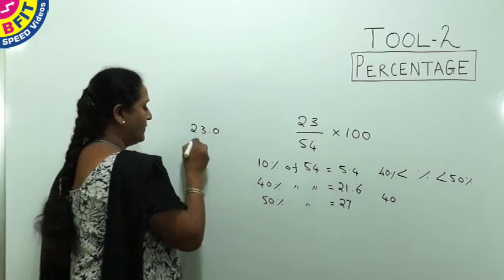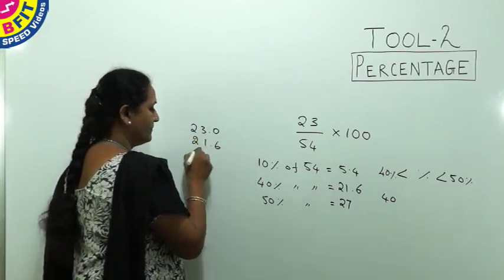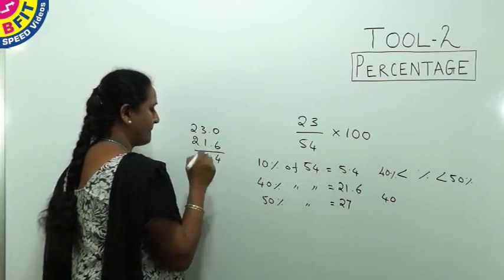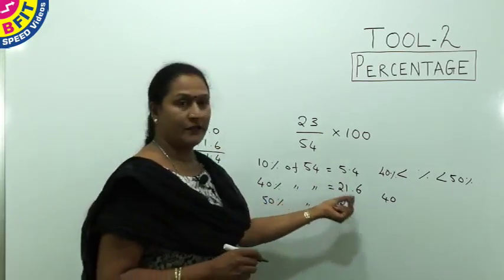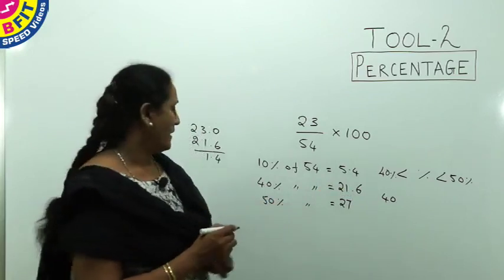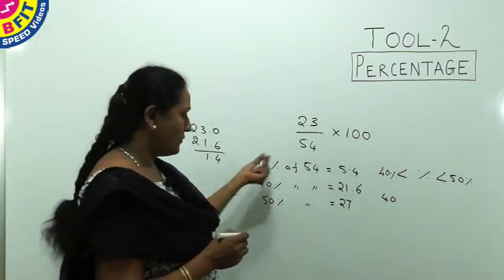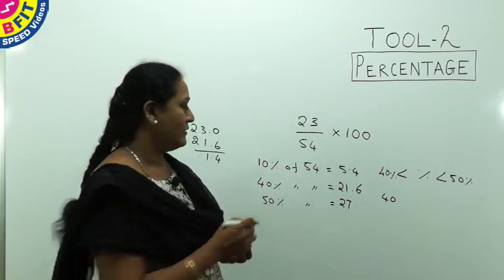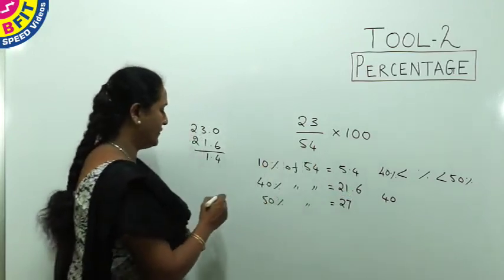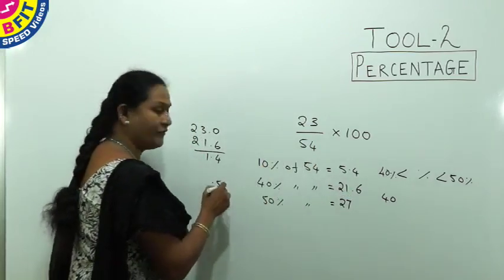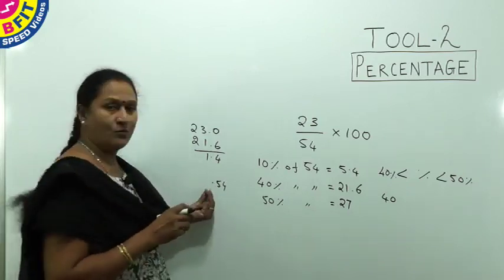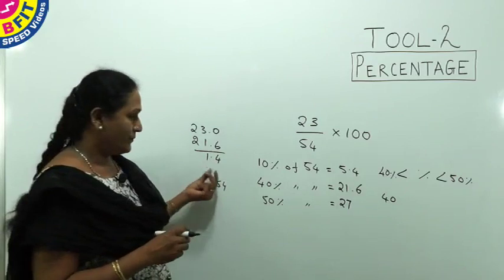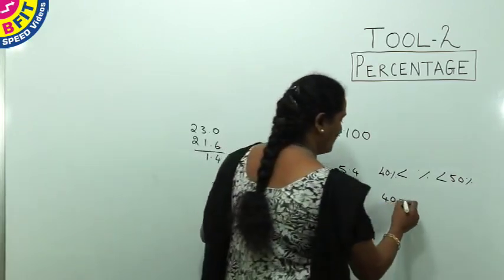So subtract 21.6: 23 is 1.4 more than 40%. For that 1.4, we'll check what percent of the denominator it is. 1% of 54 is 0.54. So 1% is 0.5, 2% will be 1 point, plus 2.